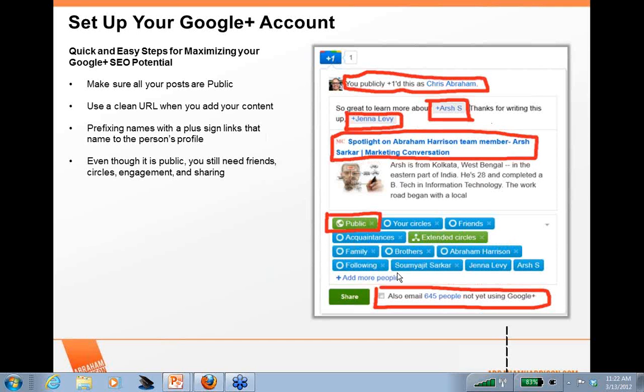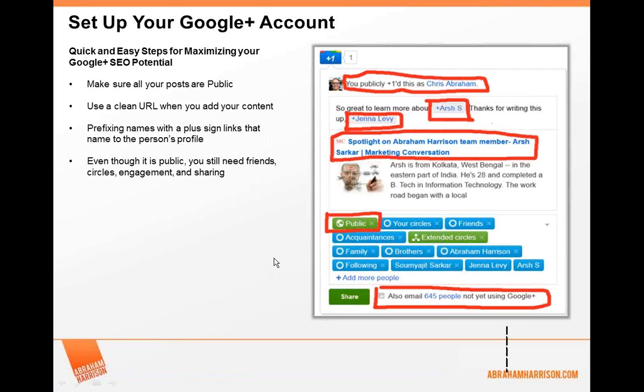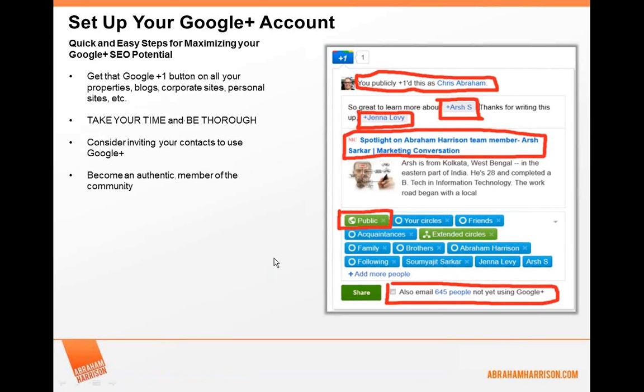And then you can also have the possibility of emailing 645 people not using Google Plus yet. Those are people in your address book. Those are people that you've invited previously. That's up to you. I've tried that a couple times, and it can really blow back in other people's face.